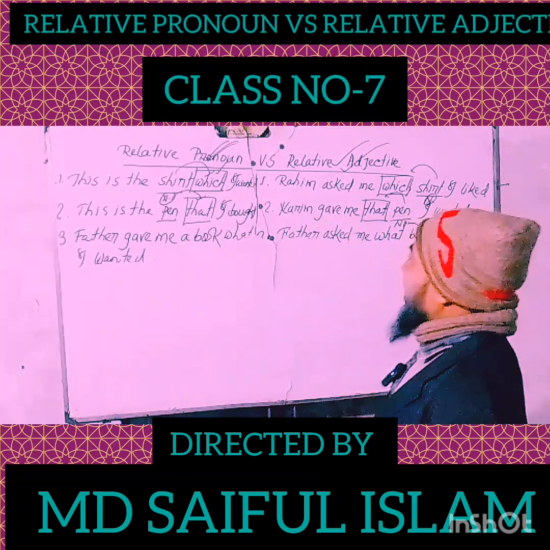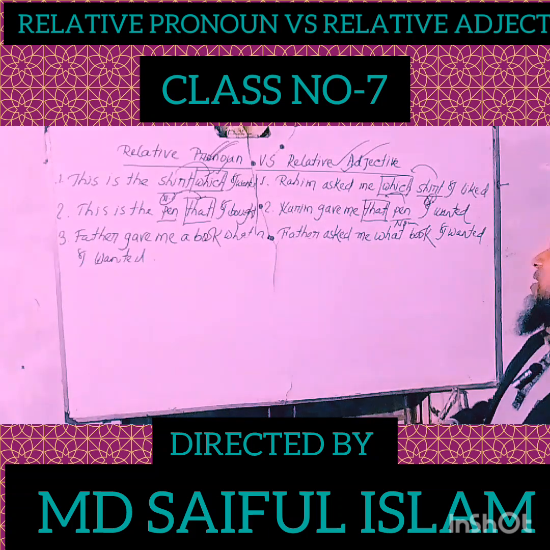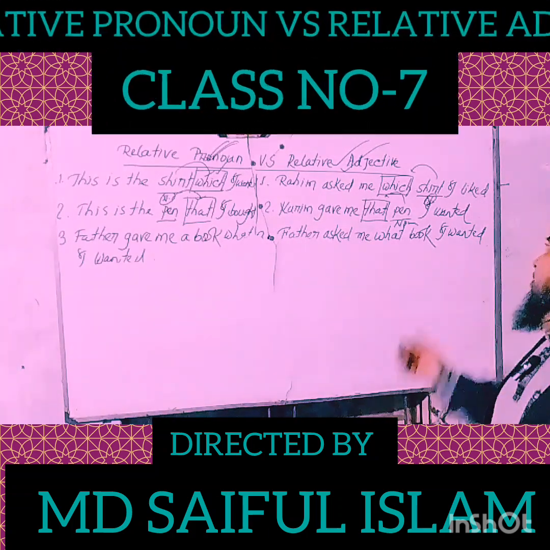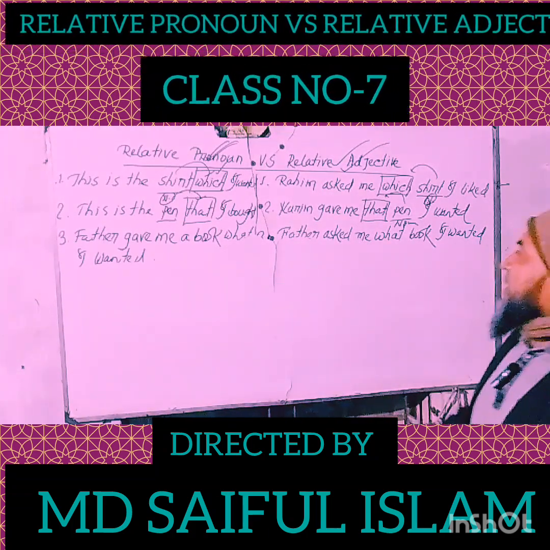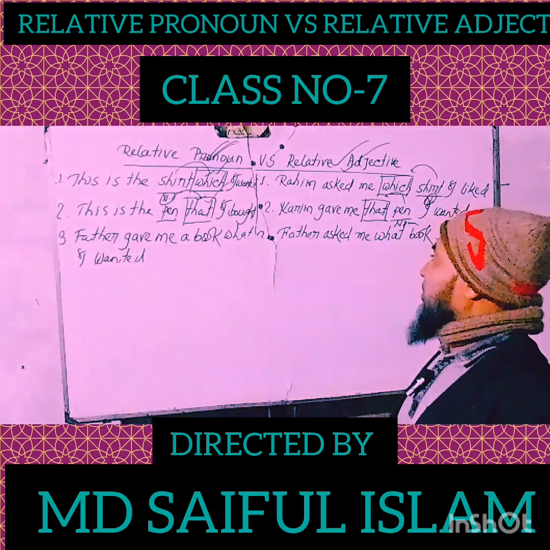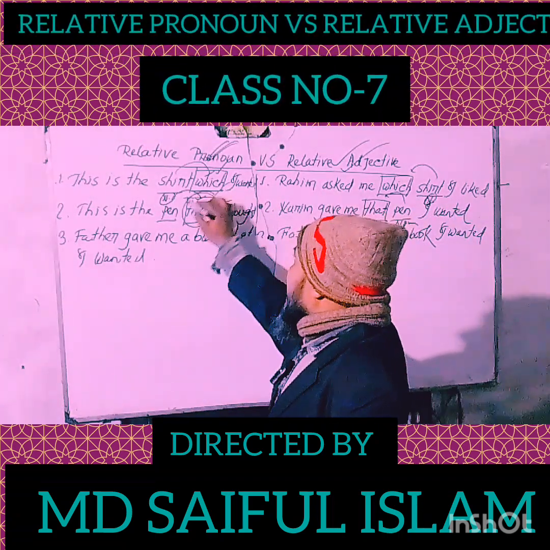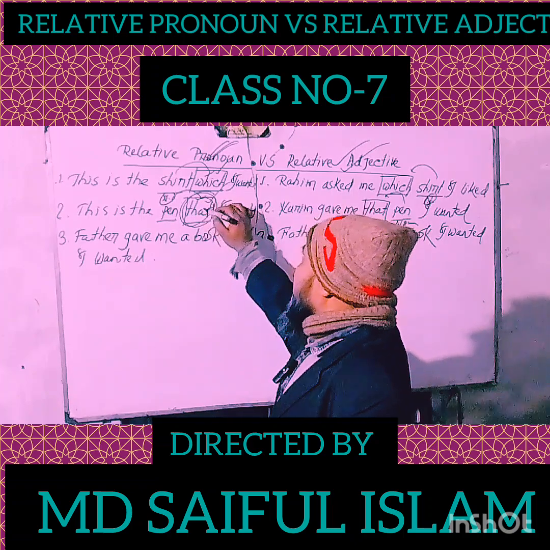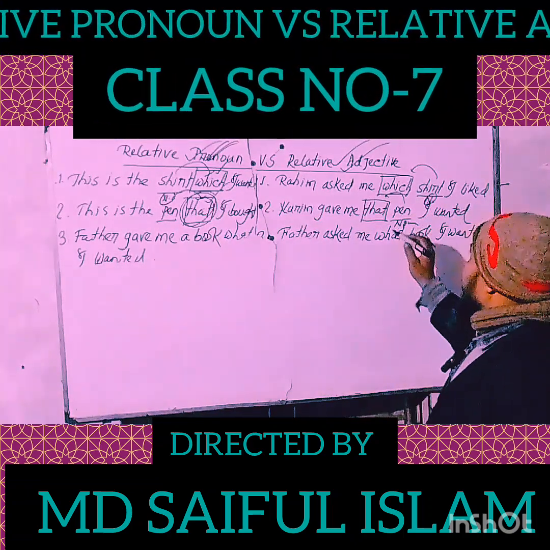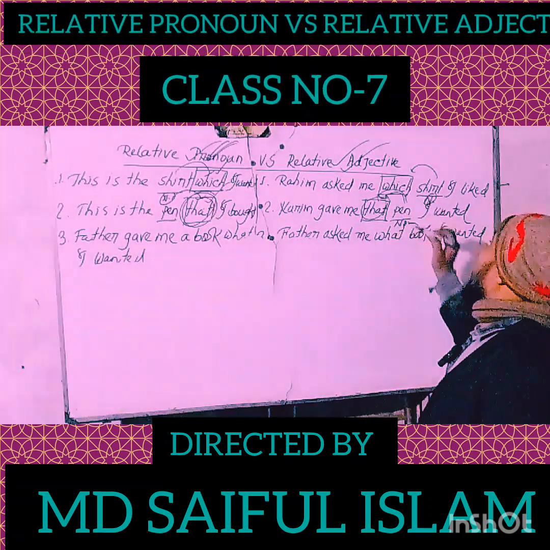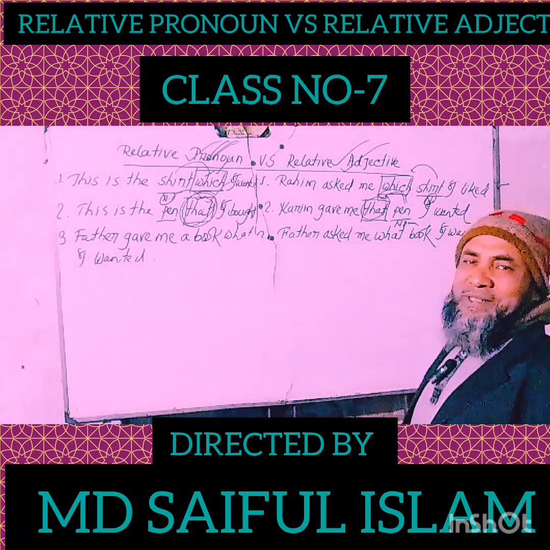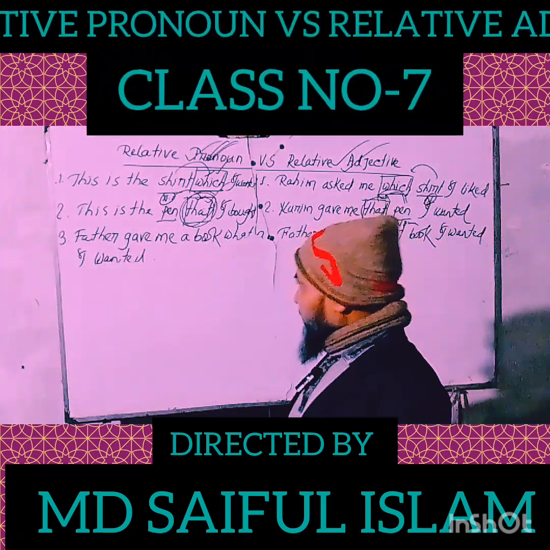Now my question is what part of speech that is in these two statements. If that is used after a noun, it is a relative pronoun, and if it is used before a noun, it is a relative adjective.